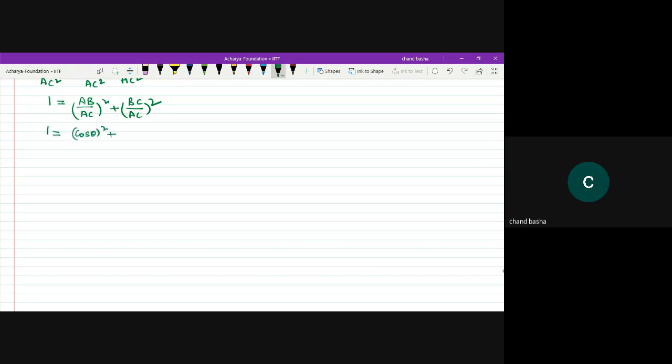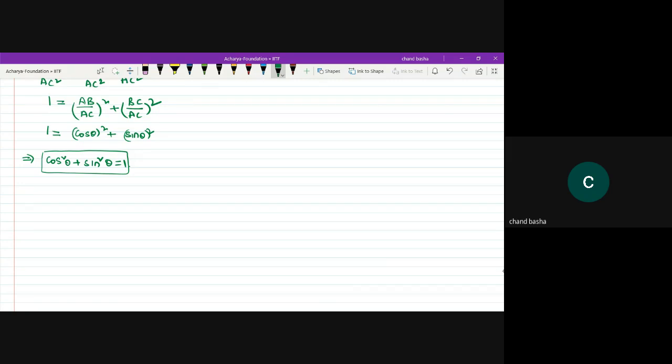And what is BC? Opposite upon hypotenuse, it is sin theta. Which implies that cos square theta plus sin square theta is equal to 1. This is the first identity you have to remember.